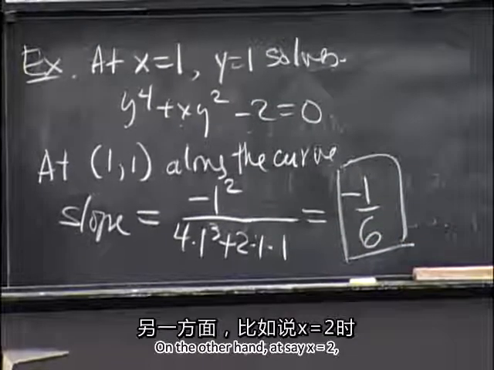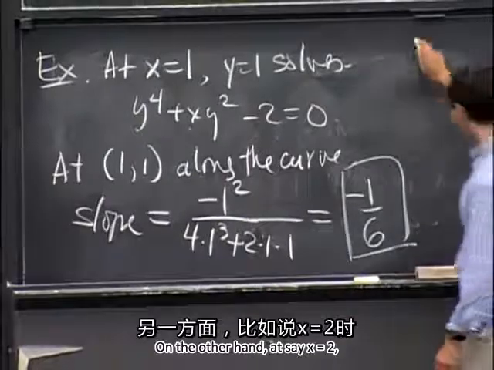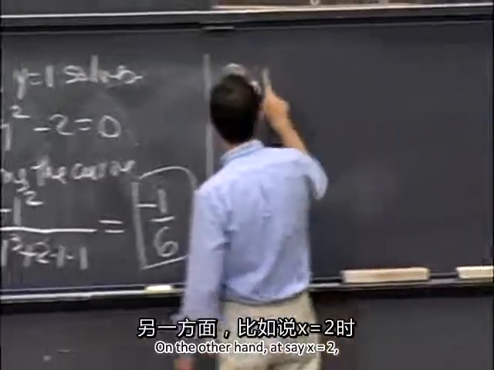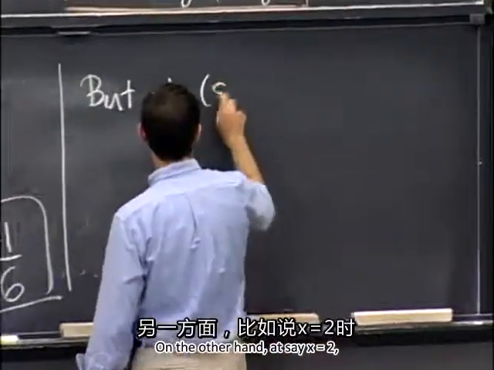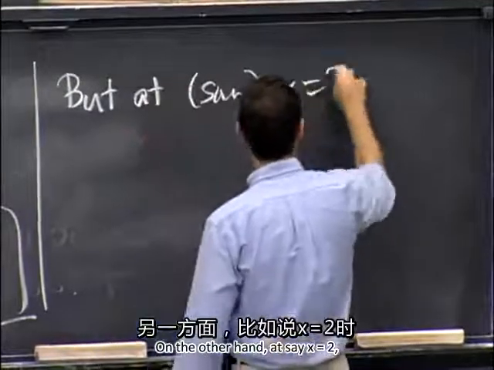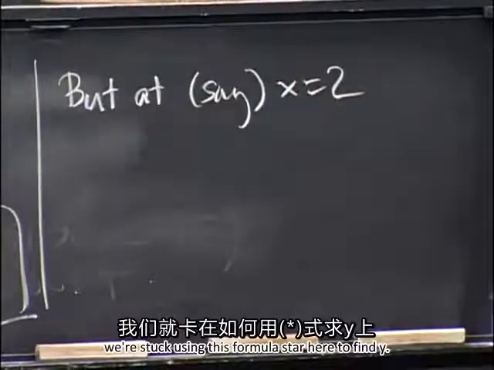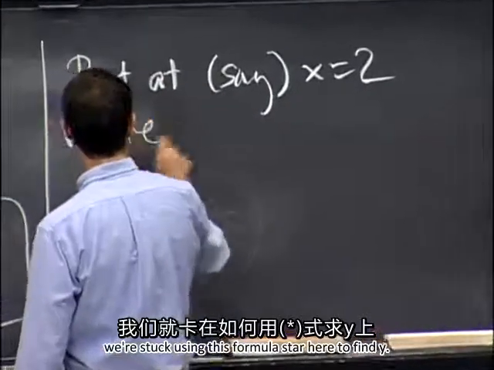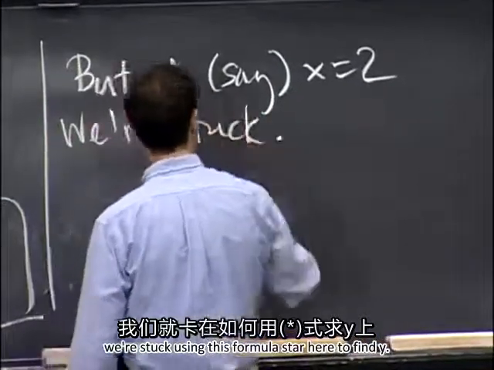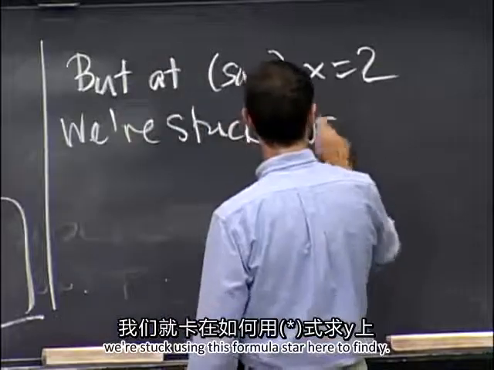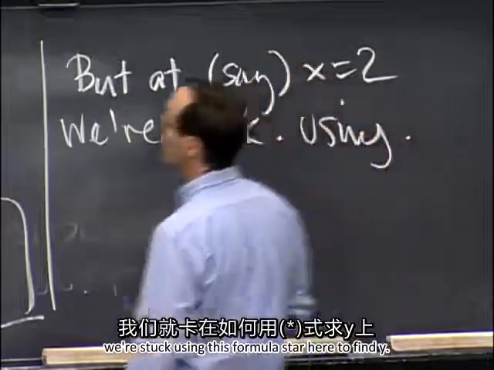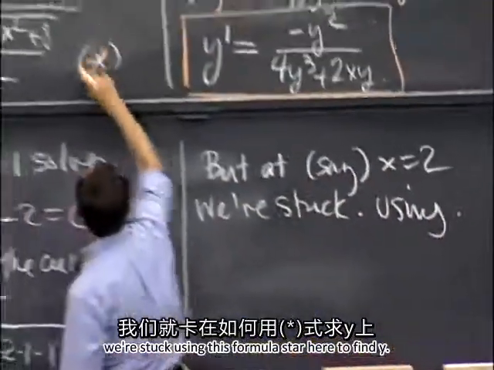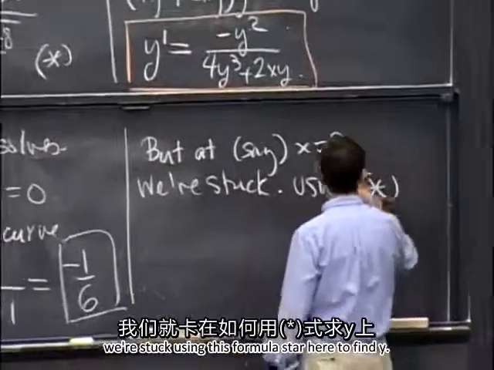On the other hand, but at, say, x equals 2, we're stuck using this formula star here to find y.